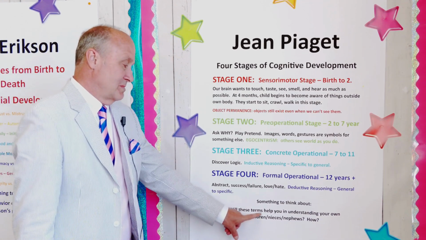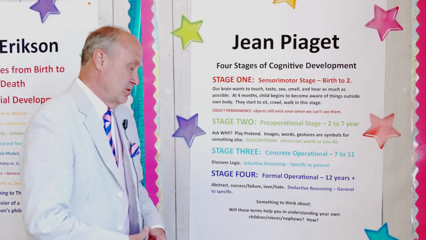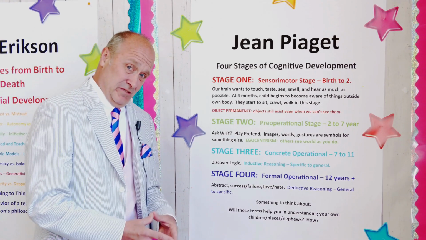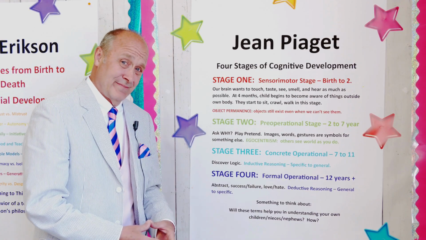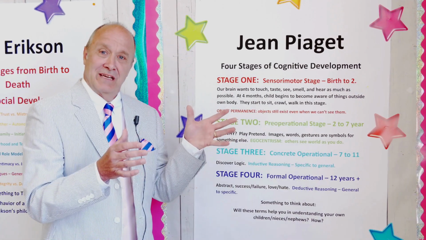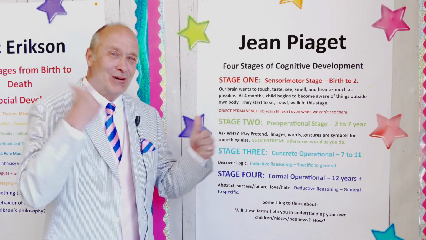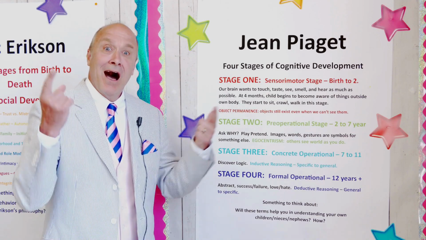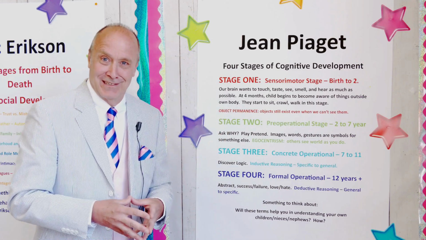Will these terms help you in understanding your own children, nieces, or nephews? When you have your own child and they drop something and they start to cry, are you going to start to understand, that's object permanence?